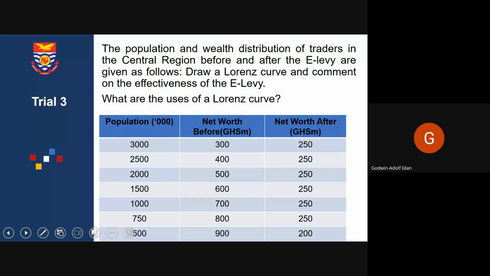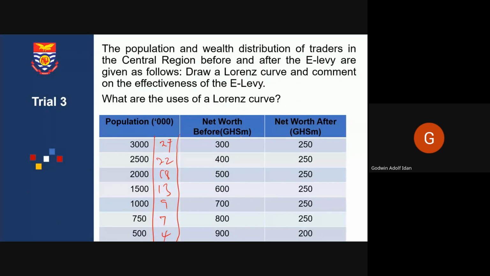So give me the figures again. 27, 22, 18, 13, 9, 7 and 4. Okay. Now let's do the same for the net worth before.